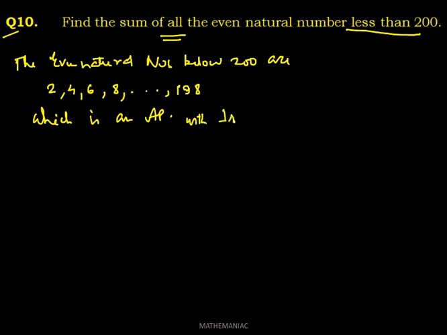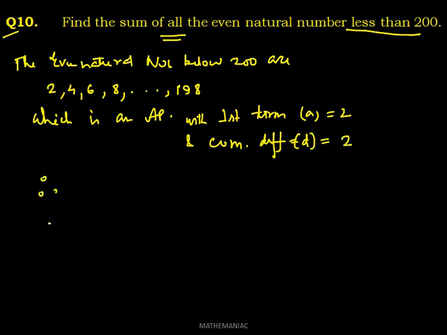Now just observe what type of sequence it is, which is an AP, right? With first term, what is the first term? A equal to 2, and common difference, what is the common difference? We denote it by D, that is equal to again 2. Therefore, now you can find the sum. But try to remember again, before you find the sum, you must know the number of terms, right?